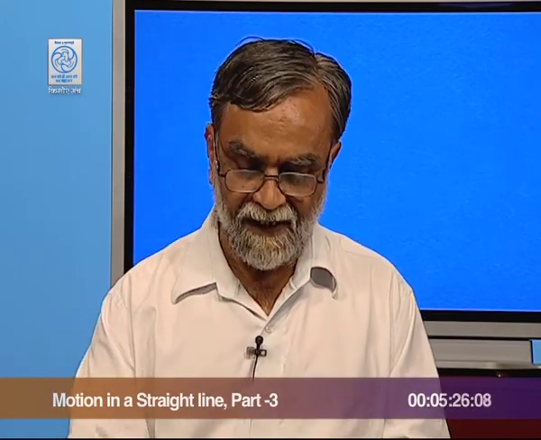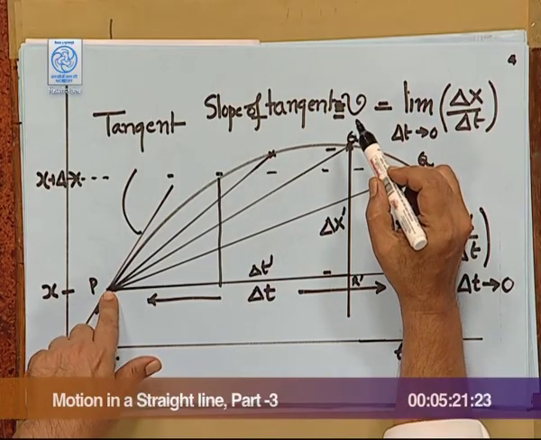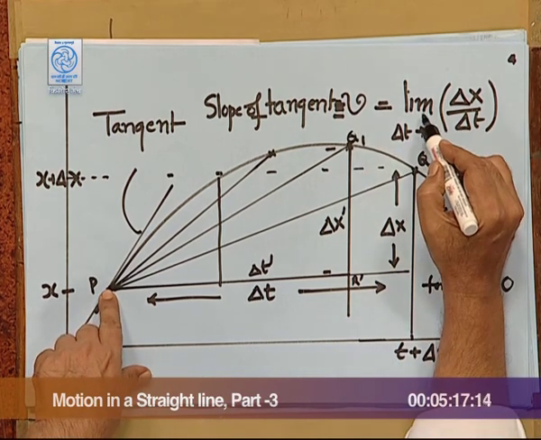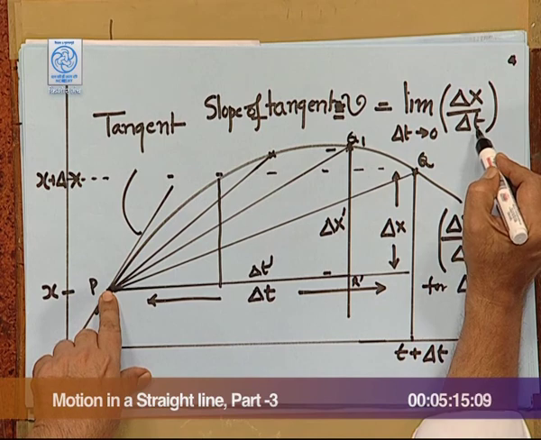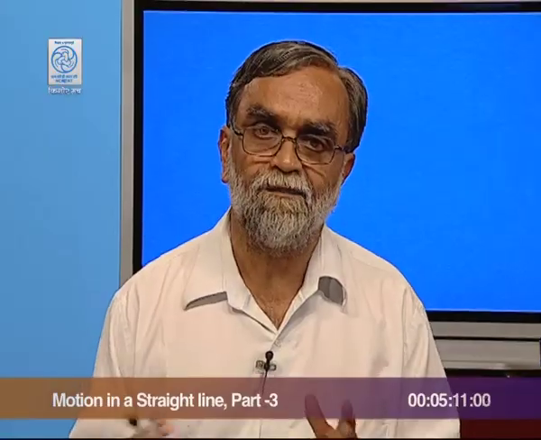The slope of the tangent at point P, that is v, is written as the limit of delta x by delta t as delta t tends to 0, and is called the instantaneous velocity at point P. This is instantaneous velocity.